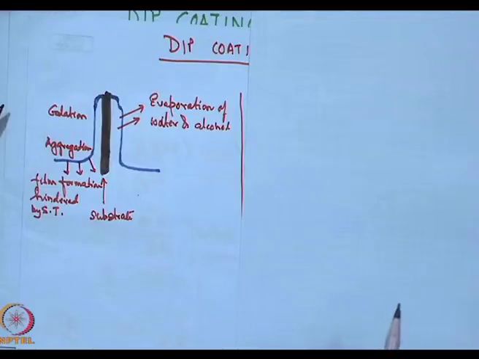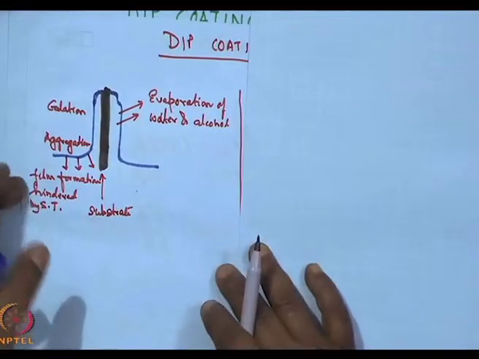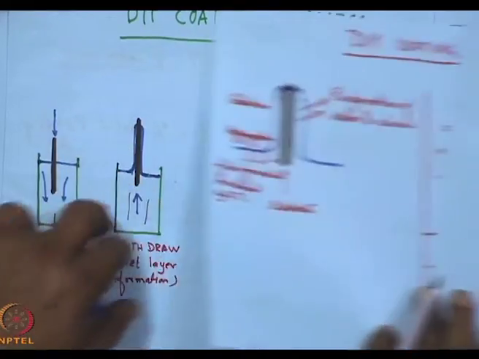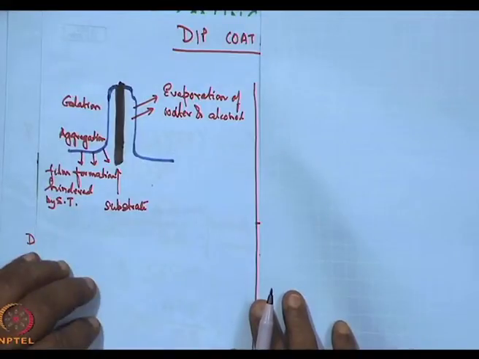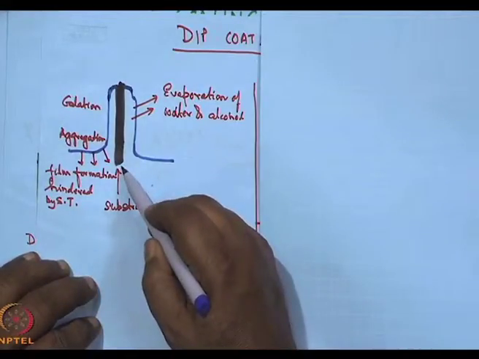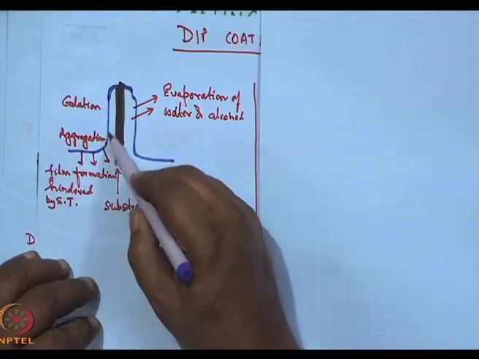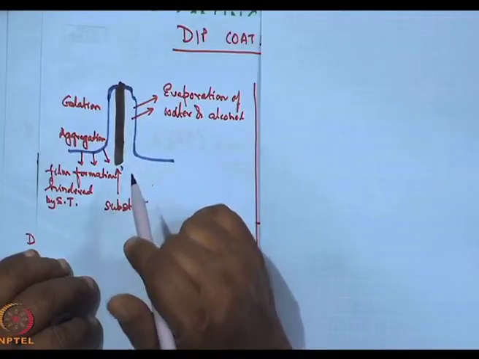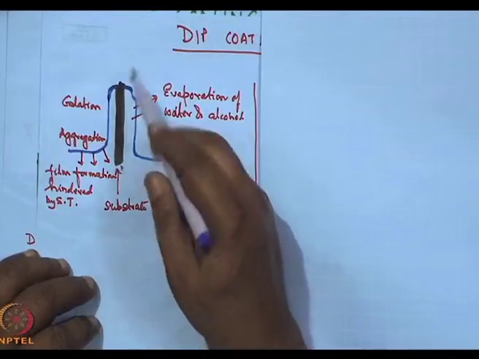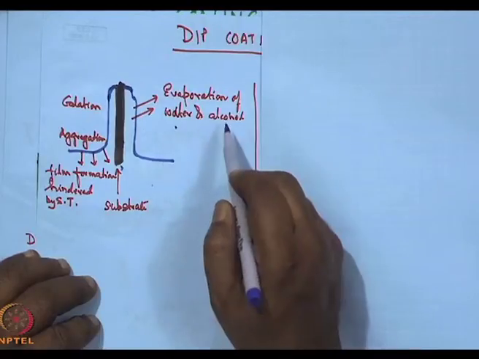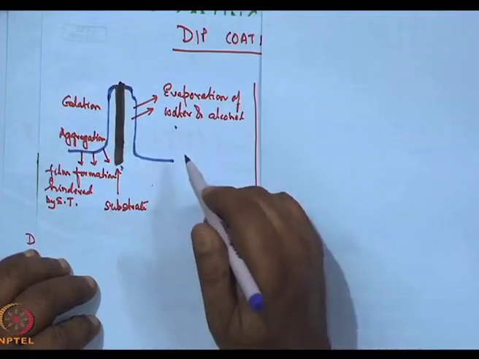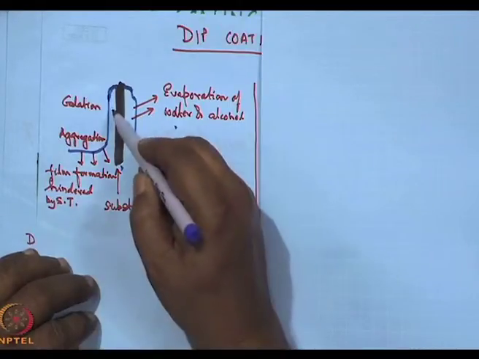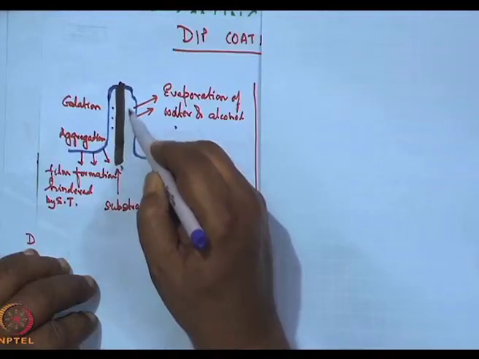In a dip coating process, when I have dipped the plate and withdrawn it totally, let me look at the surface structure. This is the substrate, and this is the liquid coating on it on a very exaggerated scale. Now, one has to remember that as I am withdrawing it, evaporation of water and alcohol will be taking place, and at the same time gelation also occurs in this layer.